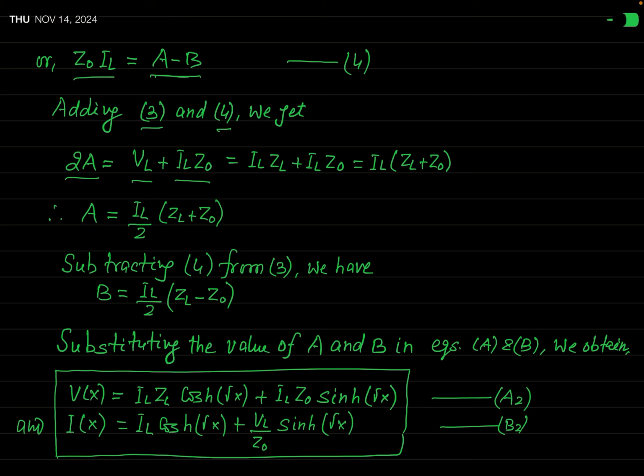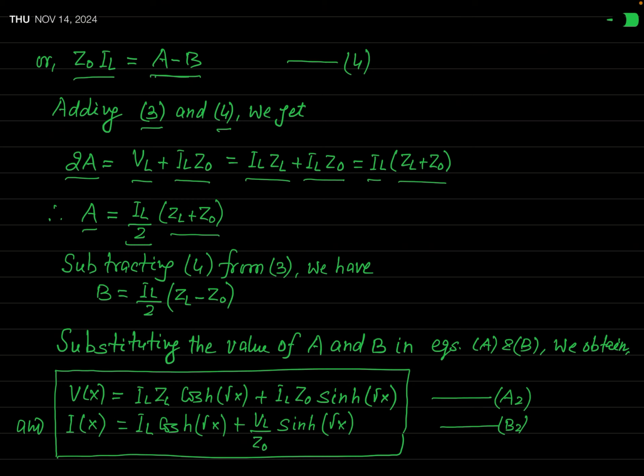But VL is equal to IL times ZL, so this is IL ZL plus IL times Z0. Taking IL as a common factor, this is IL times ZL plus Z0. And so A will be equal to IL over 2 times ZL plus Z0.